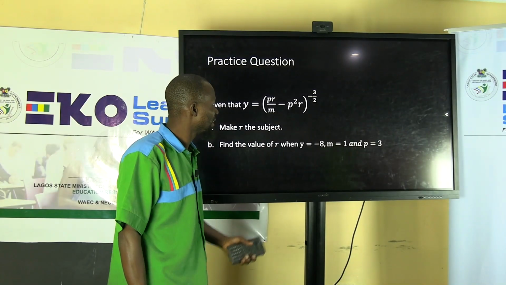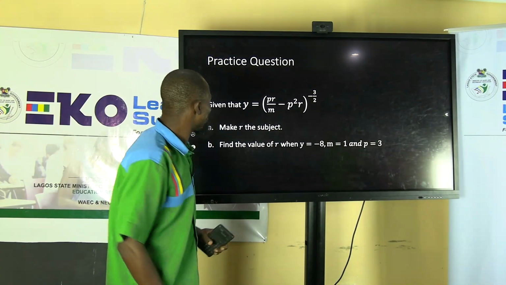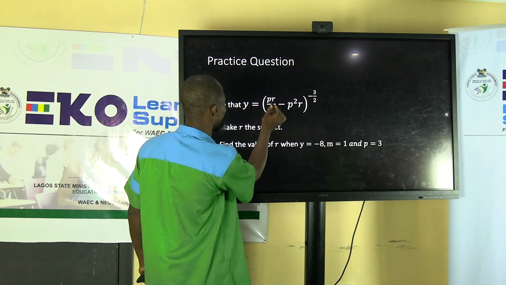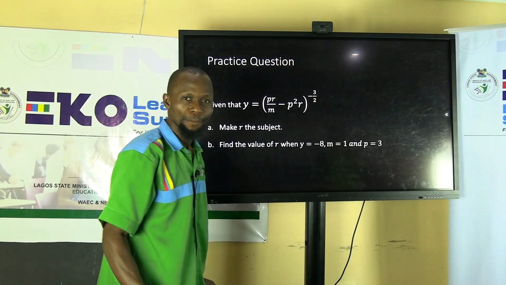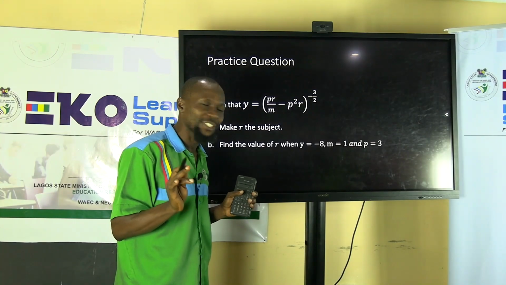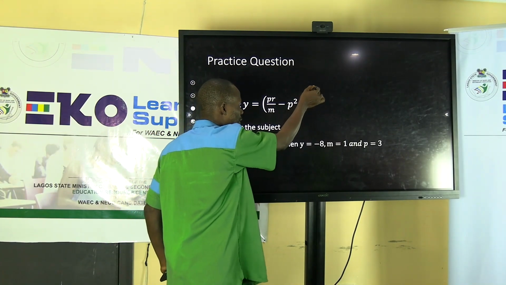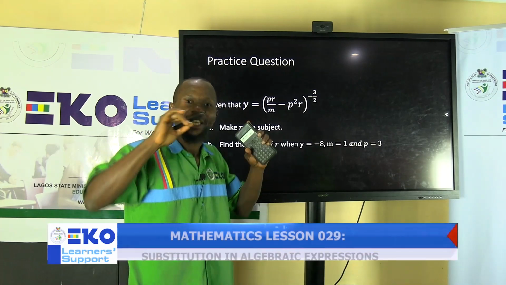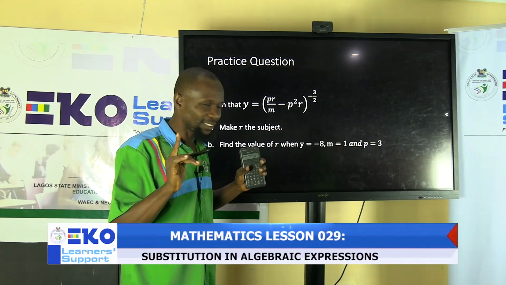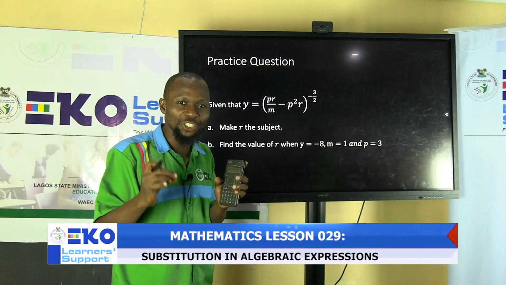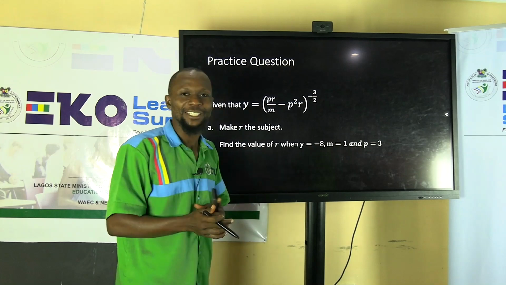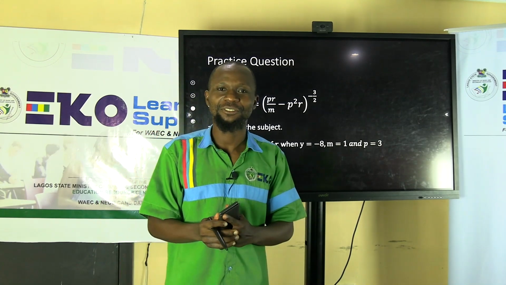Don't forget, here we want to make r the subject. This is r, this is r here. The clue is that the first thing you need to do is remove this. And I've told you, you use the inverse of whatever relationship we have to isolate. So try that in the next 60 seconds.